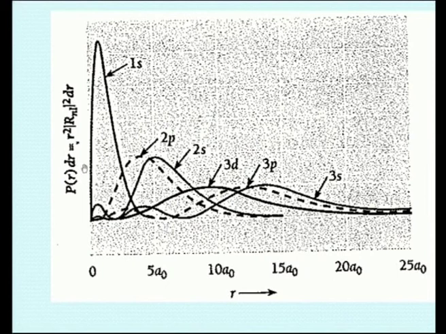P of r dr represents the probability of finding the electron in between the region r and r plus dr. We have the electronic states for this graph: 1s, 2s, 3s, 2p, 3p and 3d. This is the electronic configuration. We used to sequentially say 1s, 2s, 2p, 3s, 3p, 3d. This is the sequence to read the electronic configuration.